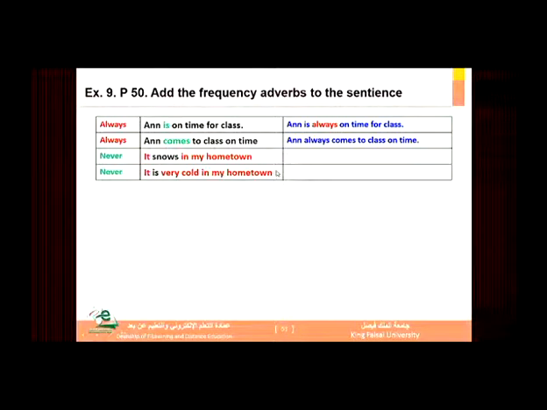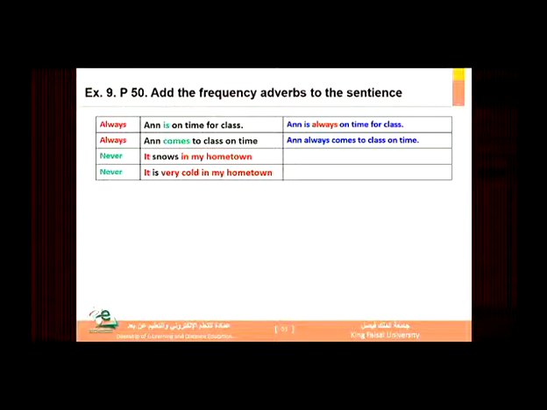Moving to the following pair of sentences where we need to add the adverb never. It snows in my hometown. It is very cold in my hometown. Look at the first sentence. We have the verb snows, simple present verb, main verb. Now we know that the adverb of frequency comes before the verb, so we can say it never snows in my hometown.